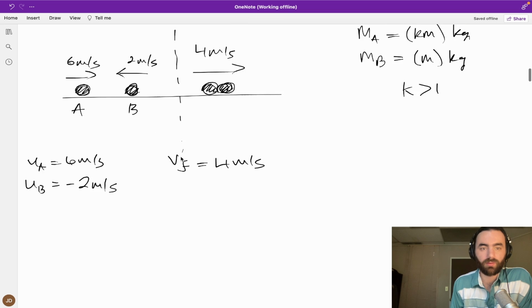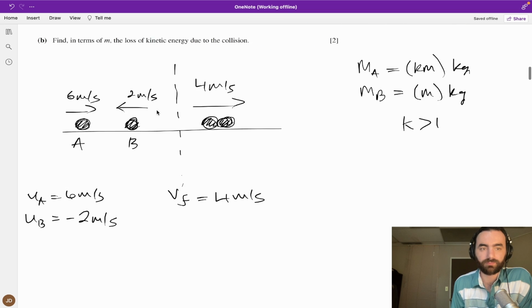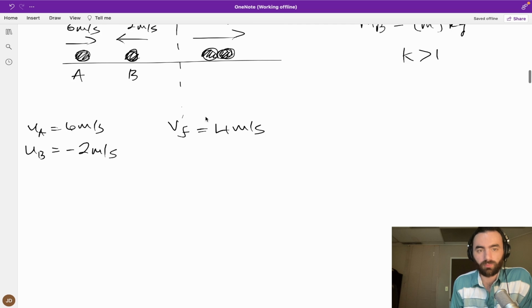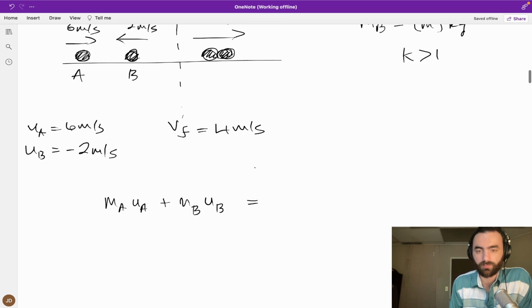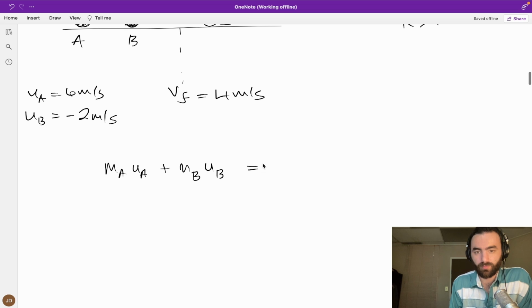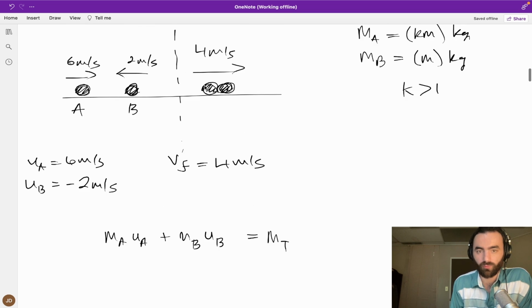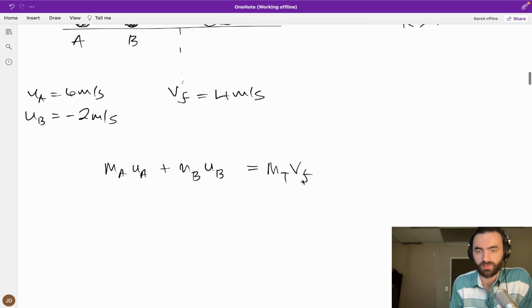So if we want to find k, the momentum before equals the momentum after. So MA UA plus MB UB equals the total mass of both of these things times the final velocity.